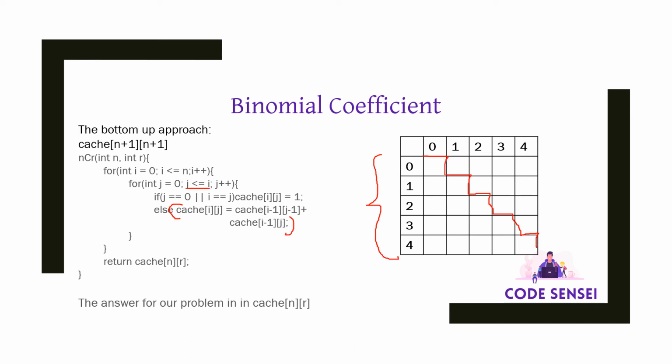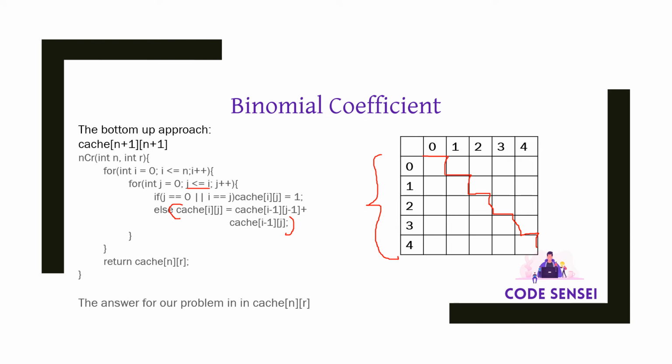If you have to pick 2C1, that is n equal to 2 and r equal to 1, you have to pick one item from two items. You can either go up there to find the number of ways we can pick one item from one item and add it with the number of ways we can pick 0 items from one item. Okay, so this is nothing but we are just changing the recursive one to look up from the table. Yes, just that same statement there.